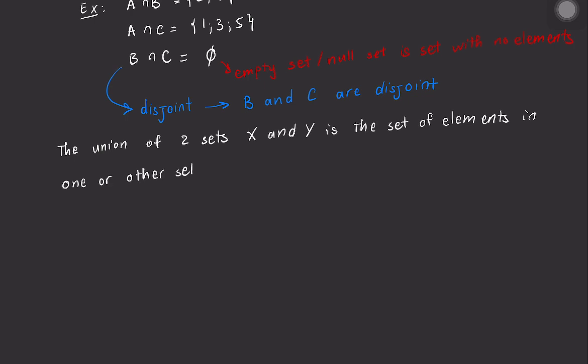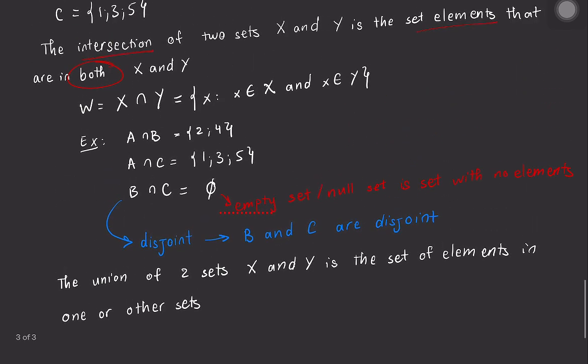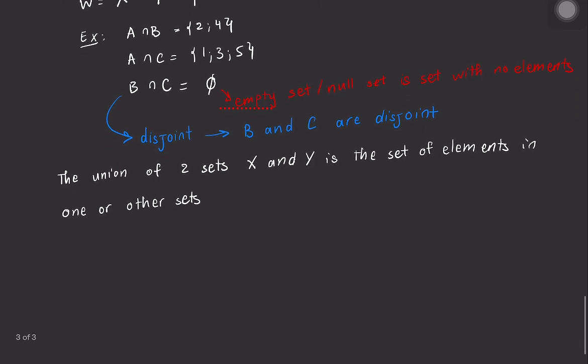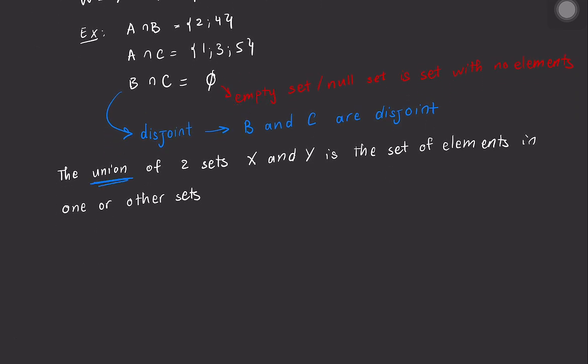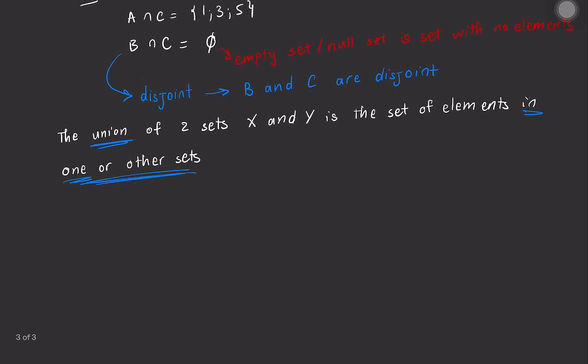So note the difference here. For the intersection, it is for both, so the elements have to be in both sets. But for the union, we just need the element to be in one of the sets. That's the difference between the union and the intersection.